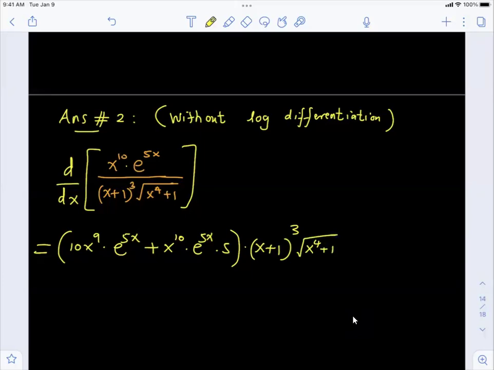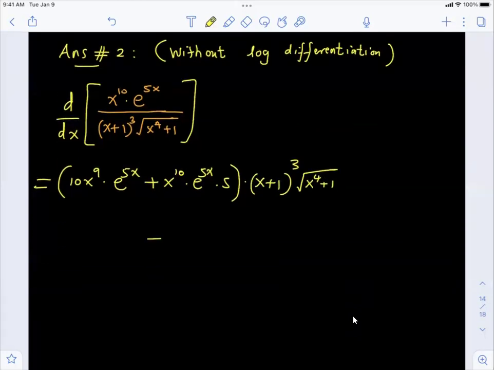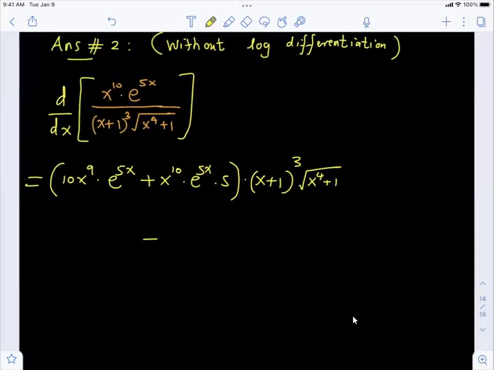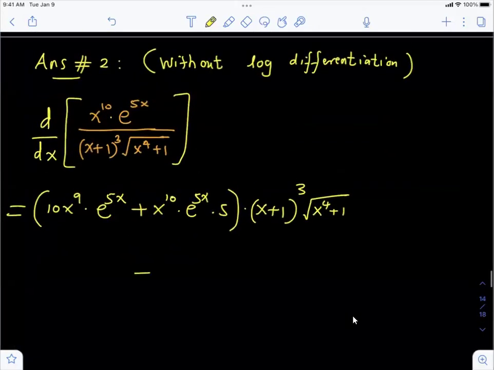Now this is only the first half of the numerator of the quotient rule. And then I'm not going to even try the rest here because I know I will run out of space. Therefore, I will just jump to the next line. Now I need to do the reverse of this computation.